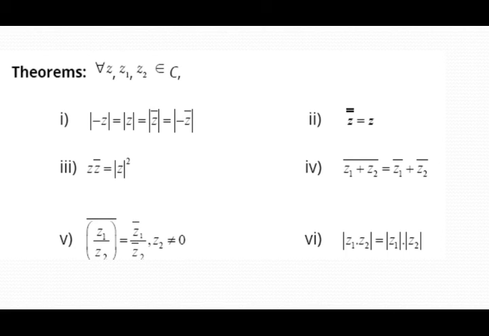The product of z and z bar is equal to the magnitude of z square. The bar of z1 plus z2 is equal to z1 bar plus z2 bar. The bar of z1 over z2 is equal to z1 bar over z2 bar. And number 6, the magnitude of the product z1 z2 is equal to the product of their magnitudes.